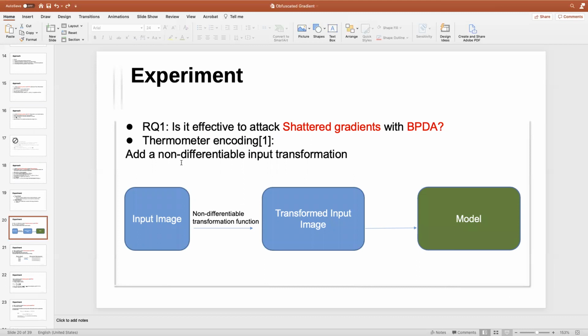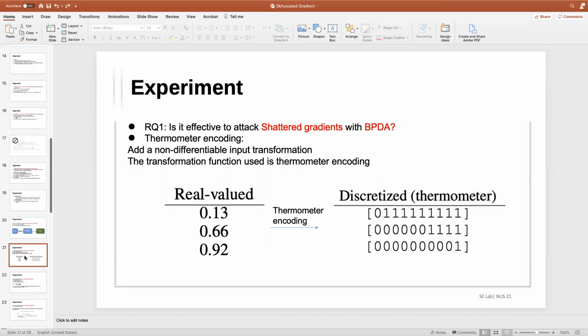This method just adds a non-differentiable input transformation before feeding into the classifier. It transforms the real-valued pixel values into an encoding vector.